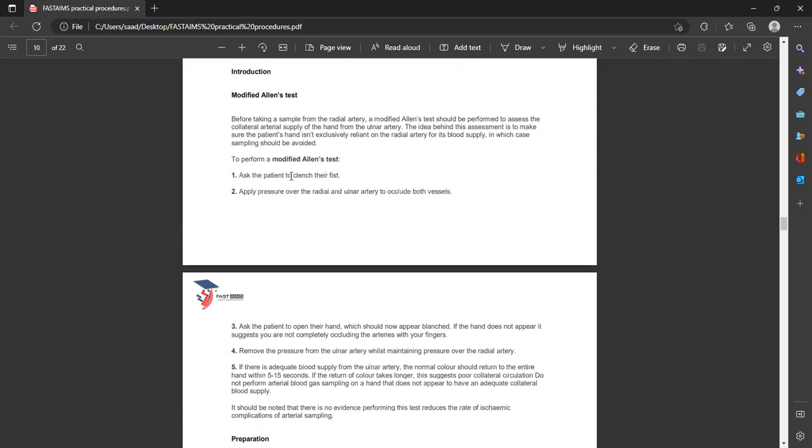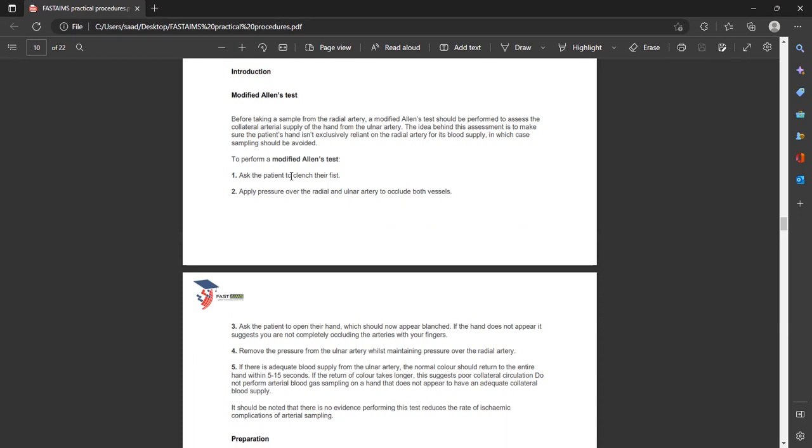The first one is that you ask the patient to make a fist and do the Allen test on the dummy. Press ulnar and radial, and before pressing, obviously ask the patient to make a fist. Press ulnar and radial, then ask the patient to open the fist, and then quickly remove the pressure from your ulnar artery, and then check the patency.